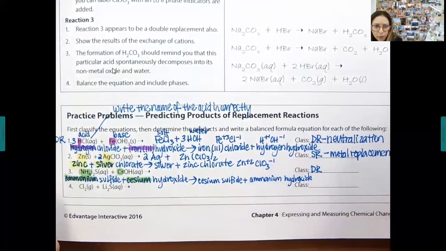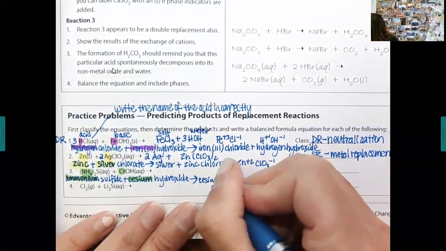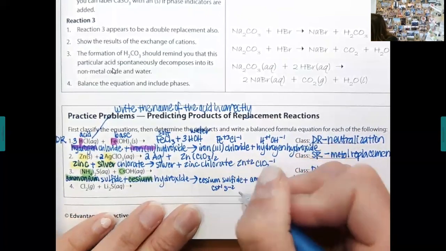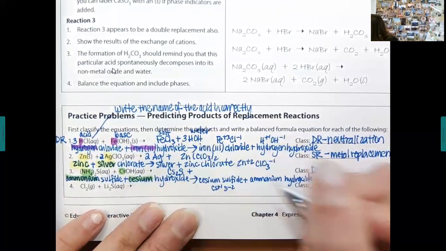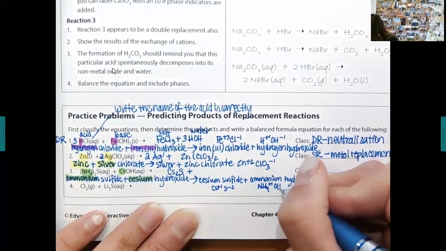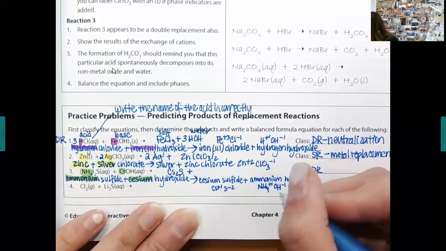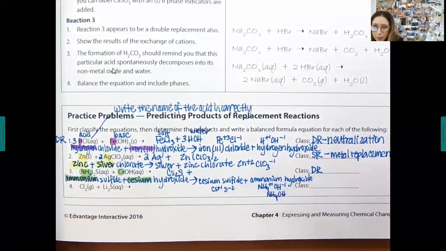You need to look at the periodic table to get the charges for everything. Cesium is Cs plus 1, sulfide is S minus 2. So this is Cs2S, plus ammonium hydroxide is NH4 plus 1 and OH minus 1. So this would be NH4OH. But hold on a second.